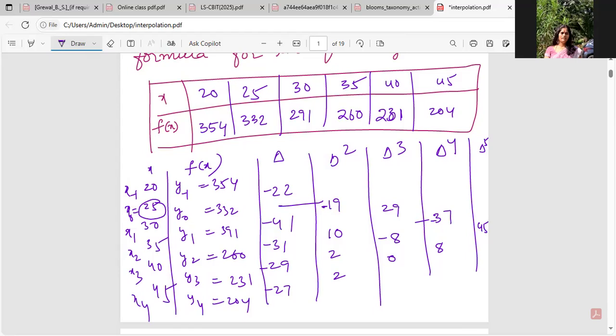One step forward, one step backward, and then one step forward. Okay, so how many differences would there be? See, I'll be starting from here.